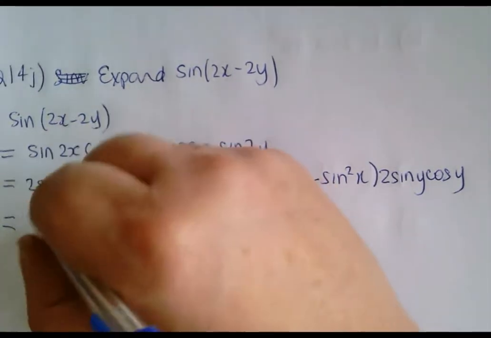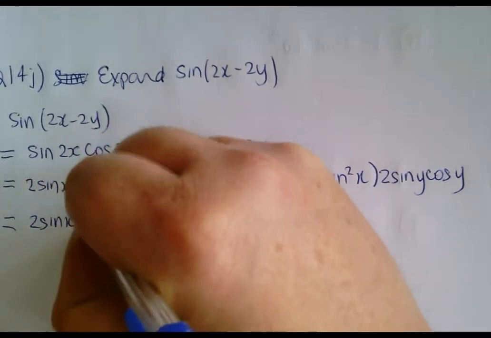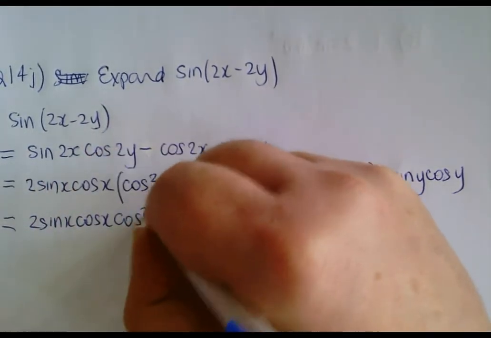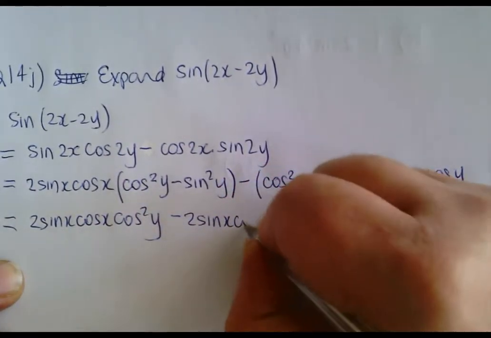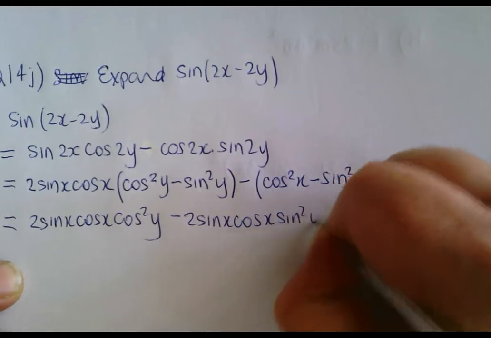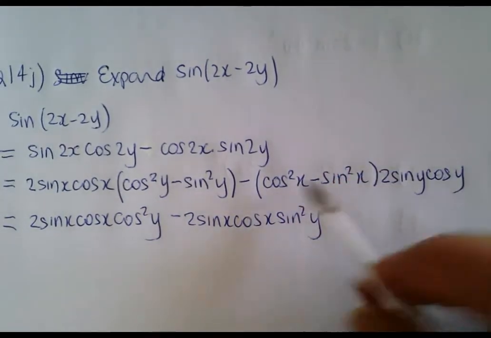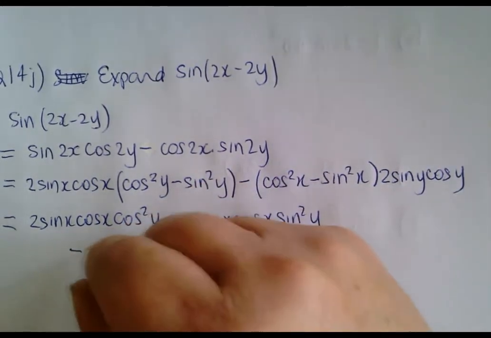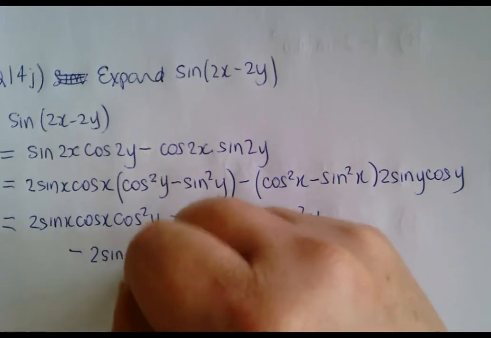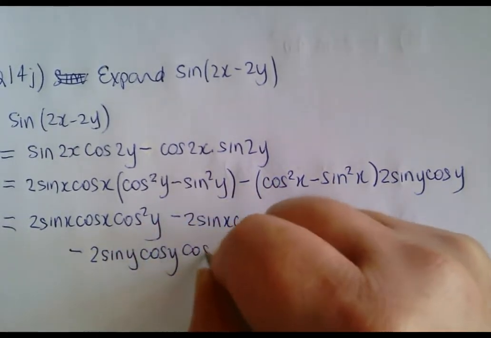I suppose it's not saying expand and simplify, but if we did then further expand, we would just expand out each bracket. But I'm pretty sure that the only time you would then expand is if you think that you may be able to cancel some terms. But then we've got minus cos squared x times that, so that's going to be minus 2 sine y cos squared x.